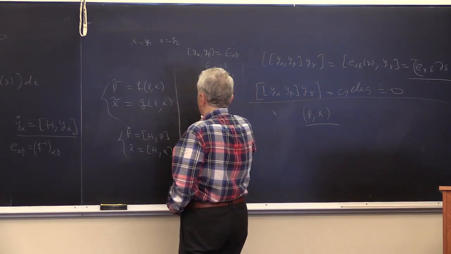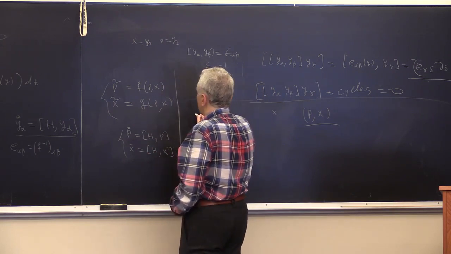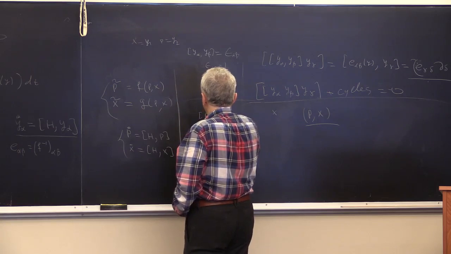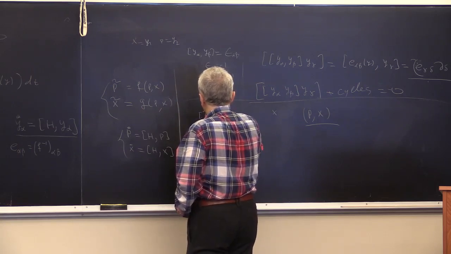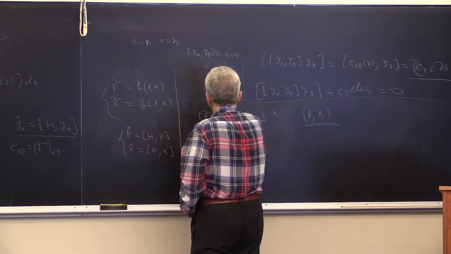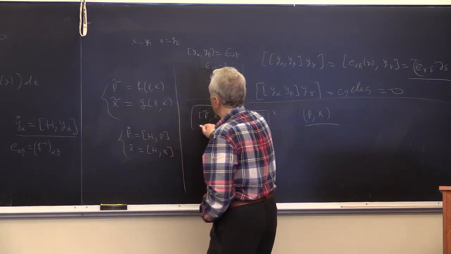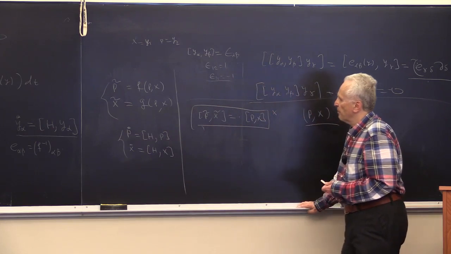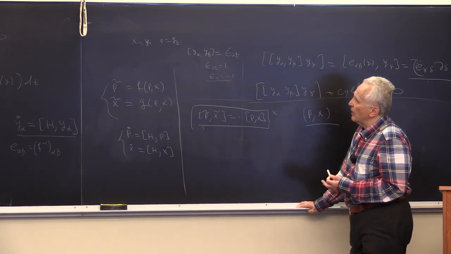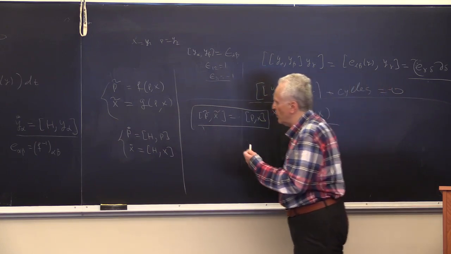So what we need is that the Poisson brackets of the new variables are equal to the Poisson brackets of the old variables.